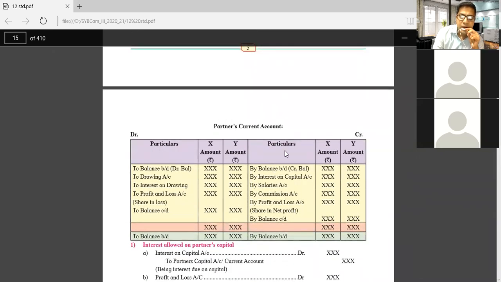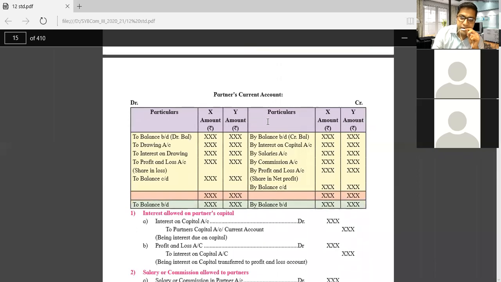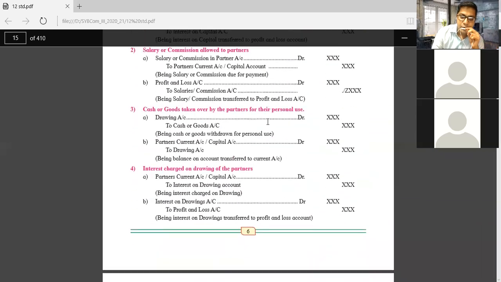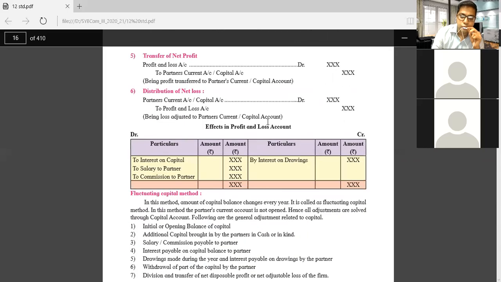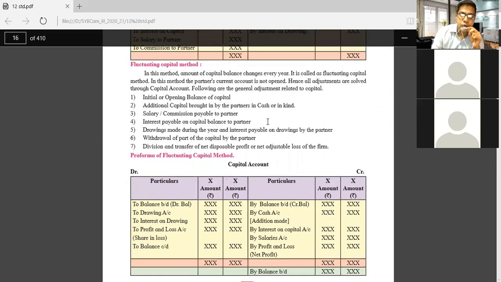Then after that you have to prepare the partners current account ledger. After preparing the ledger, you have to write the fluctuating capital method.